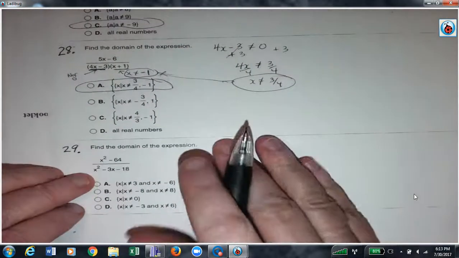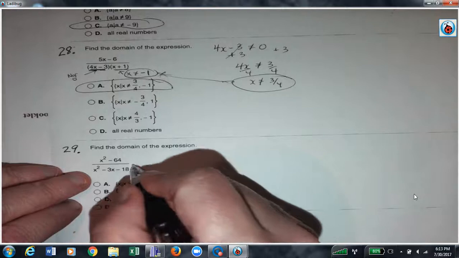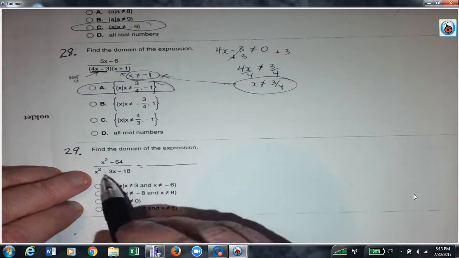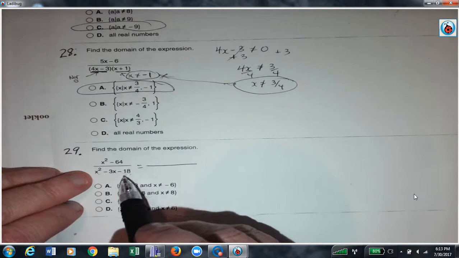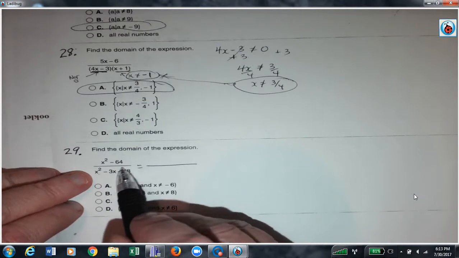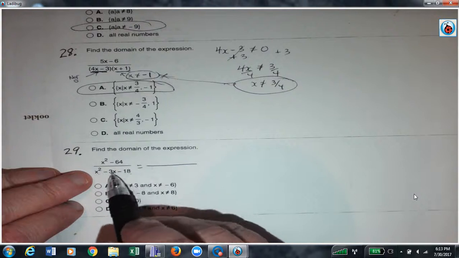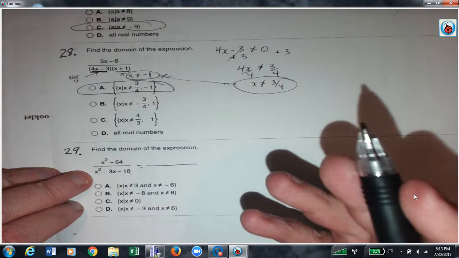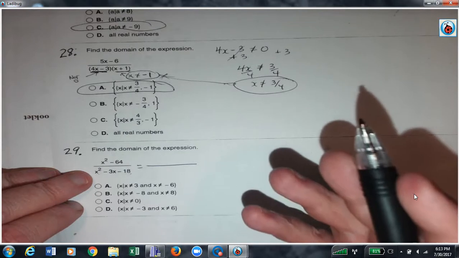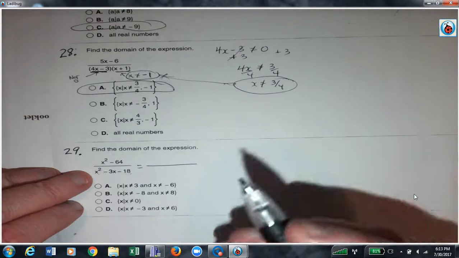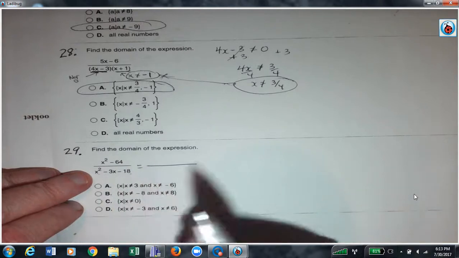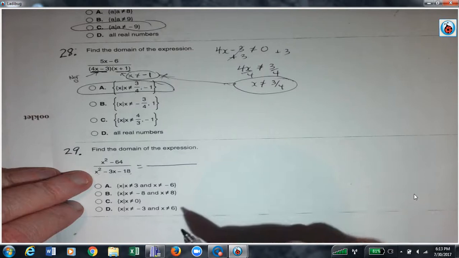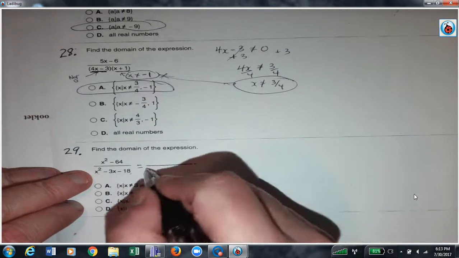Find the domain of the expression. Well, it's a fraction. You can't have 0 on the bottom. So let's see if we can factor that. Math 100, we should know how to factor this. Are there two numbers that multiply together to give me -18, but at the same time add up together to give me -3? Well, -9 times +2 is equal to -18, but that won't add up to -3. -6 and +3. -6 times 3 is -18, and -6 plus 3 is -3.